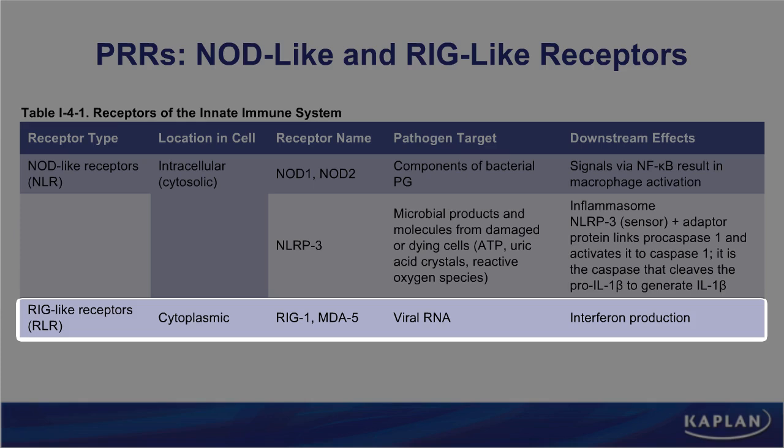Now, this is cytoplasmic, just like our NOD-like receptors are, but the only thing it targets is viral RNA, and its effect is really not going to be to activate NF-kappa B or to help in the production of inflammasome, but rather to cause the upregulation of interferon.